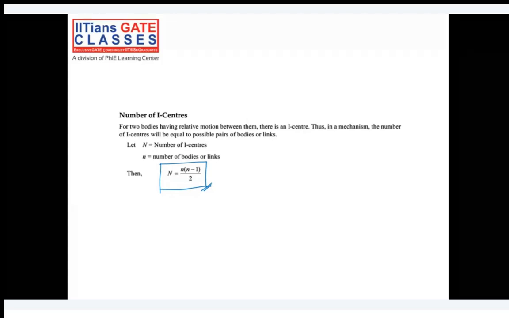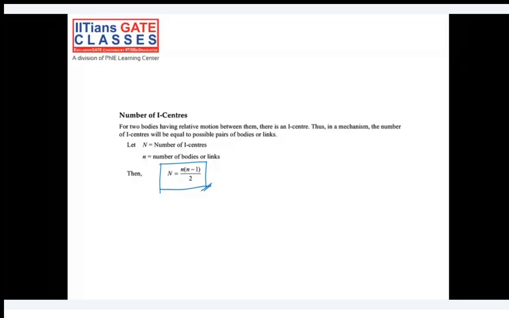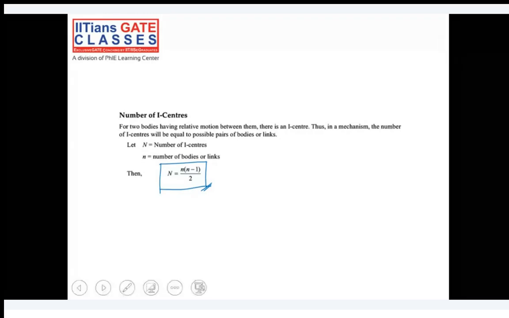Can I proceed to the next slide? One more point I would like to introduce here before we jump into how exactly this method helps us calculate the velocity. Let's try to understand one more theorem, Kennedy's theorem.